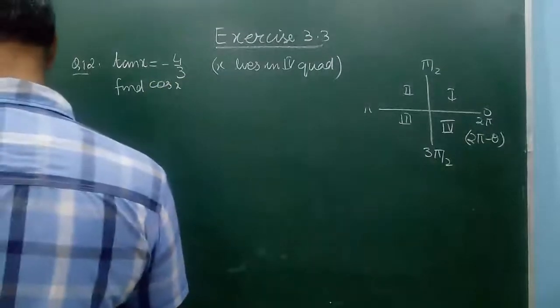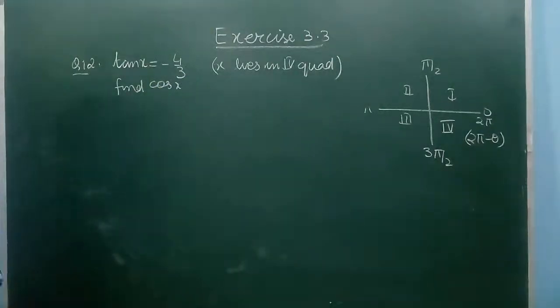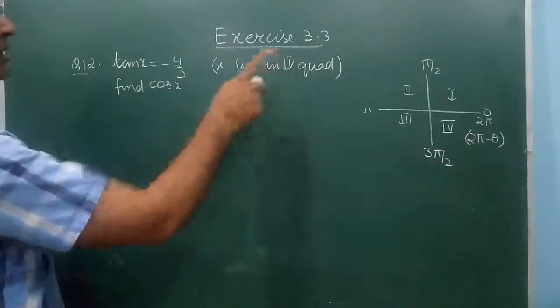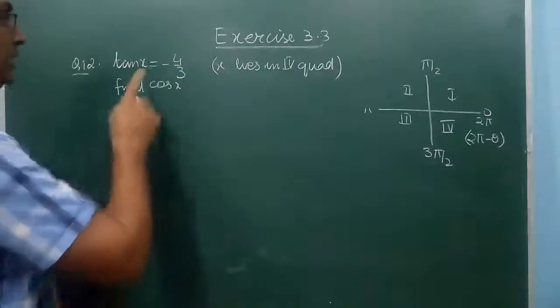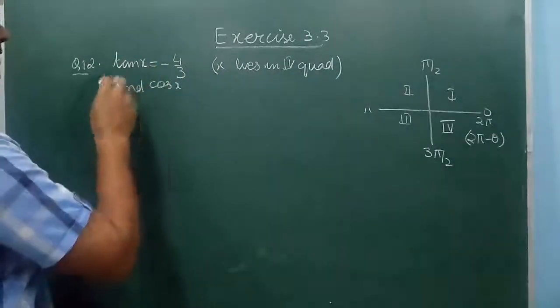We have to find cos x. This is in fourth quadrant. In fourth quadrant, cos is positive. This is already negative. So what can we do?